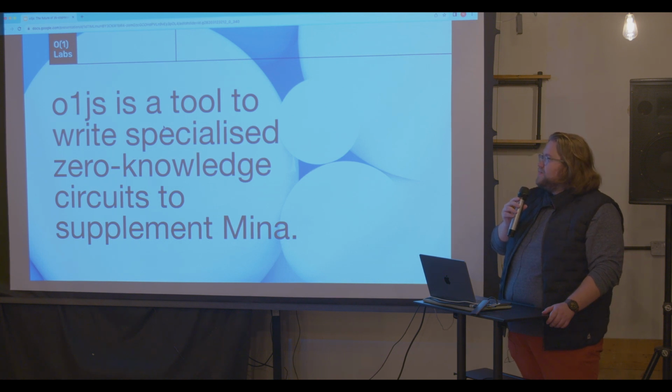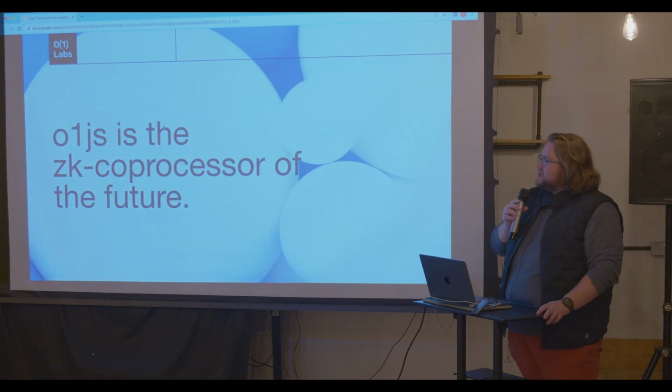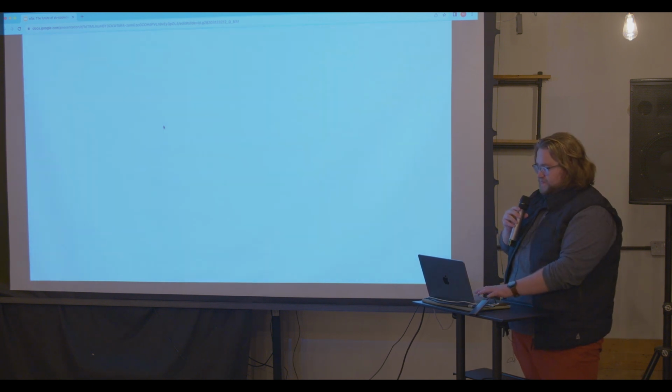When you execute them, you get a nice little proof that you can send to the Mina chain and verify very cheaply. So o1js is the right tool and the perfect tool to do that. And o1js is the ZK coprocessor of the future. At least I think that. I think everyone from O1 Labs thinks that. And it's a very powerful tool.